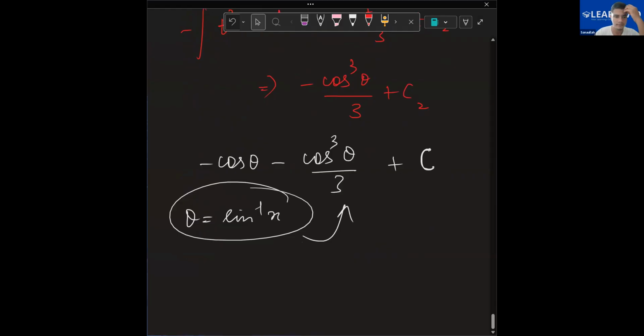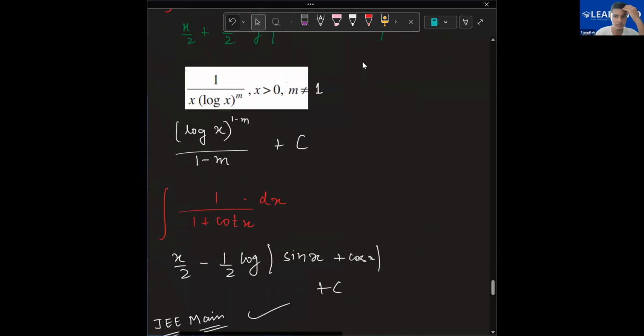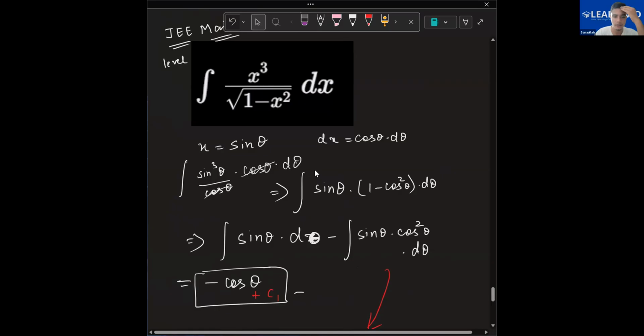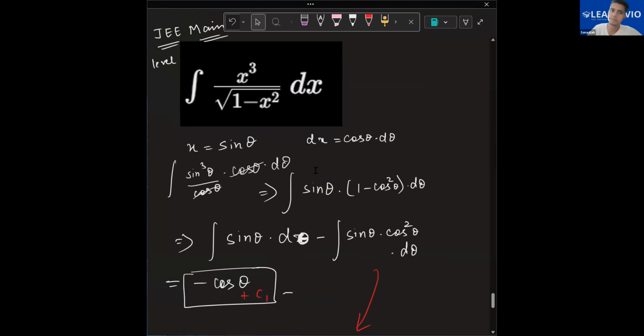Okay, so x square. Okay, अगर आप इसमें ट्रिग्नोमेट्री नहीं यूज करते, if you don't use this x is equals to sin theta, then how can you solve? If you have to use the substitution, what's in your mind? Tell me.